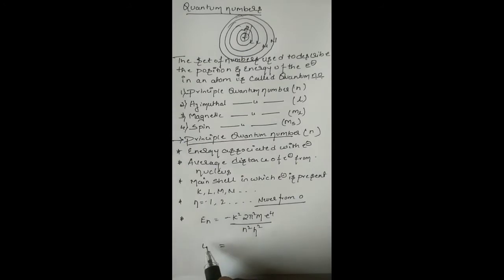We can write that En is equal to minus 2.18 into 10 to the power of minus 18 divided by n square, in joules. This is the principal quantum number.